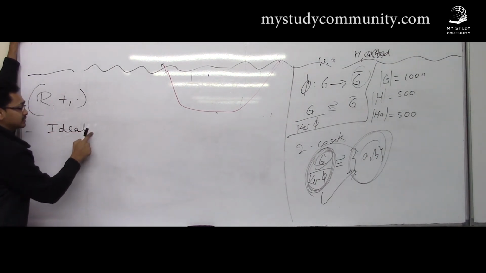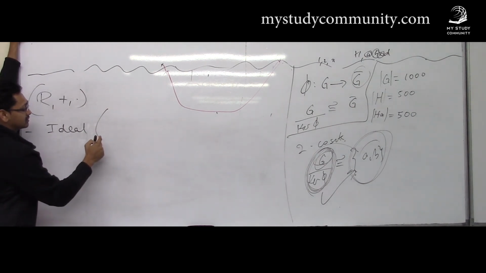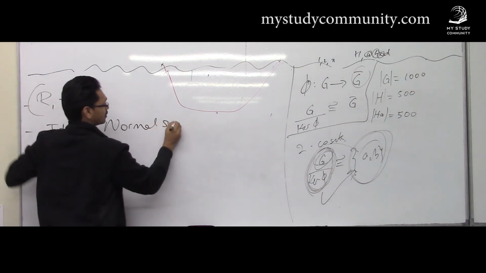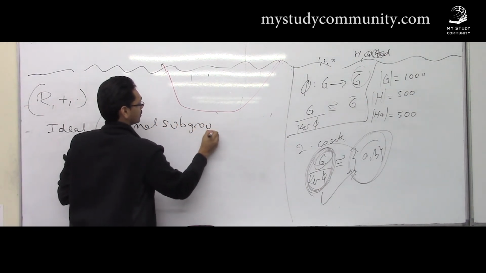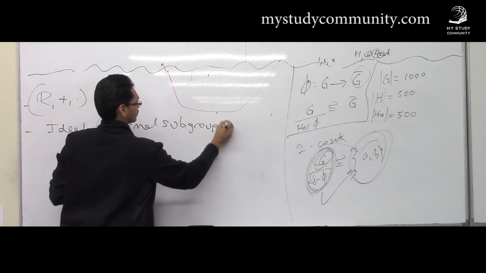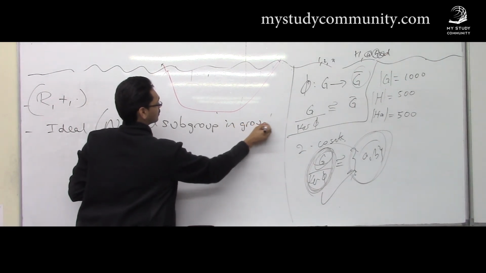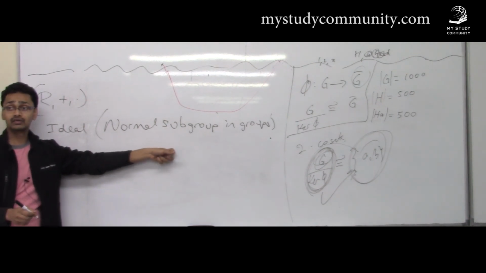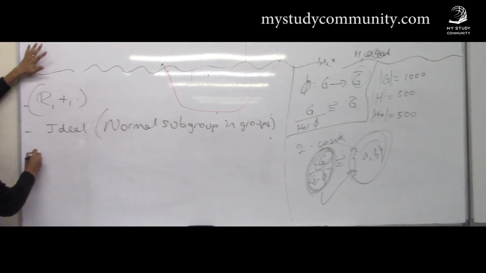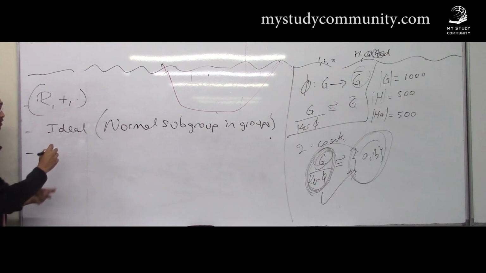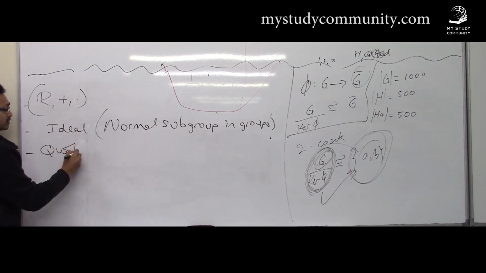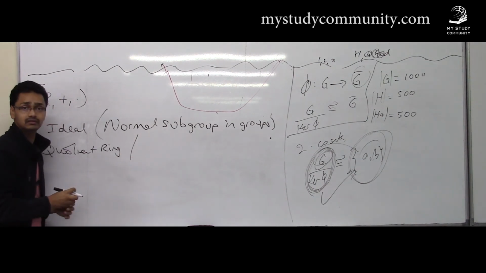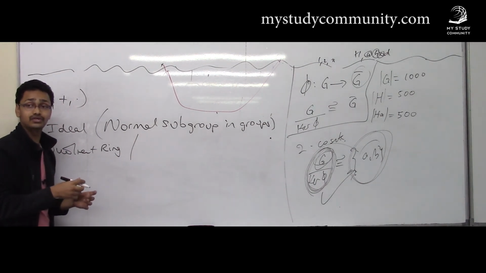And the ideal would act as the normal subgroup. So the ideal in a ring acts as a normal subgroup in a ring. So then, which we did not do, we could have a quotient ring. And this will be analogous to, guess what? The quotient group, right?